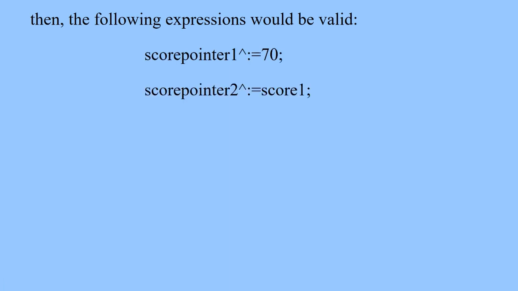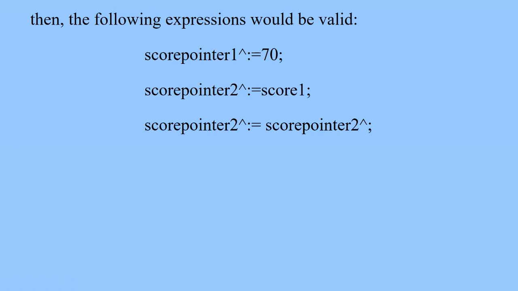Then the following expressions would be valid. 70 assigned to the memory location being pointed to by score pointer 1. Score1, or the content of memory location called score1, is assigned to the memory location being pointed to by score pointer 2.